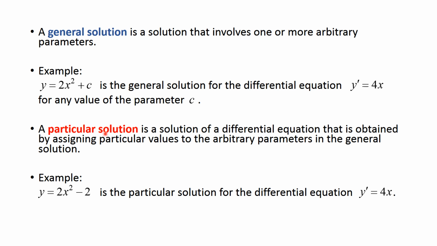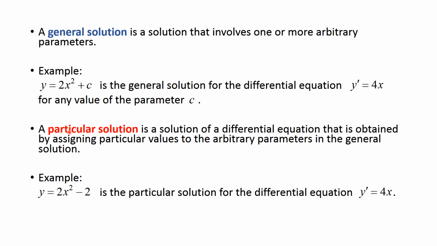A particular solution is a solution of a differential equation that is obtained by assigning particular values to the arbitrary parameters in the general solution. Okay, just now we said that c can be of any number, but if we assign c to be a specific number, for example, the number negative 2, then this function y equals 2x squared minus 2 is known as a particular solution for the differential equation y prime equals 4x.